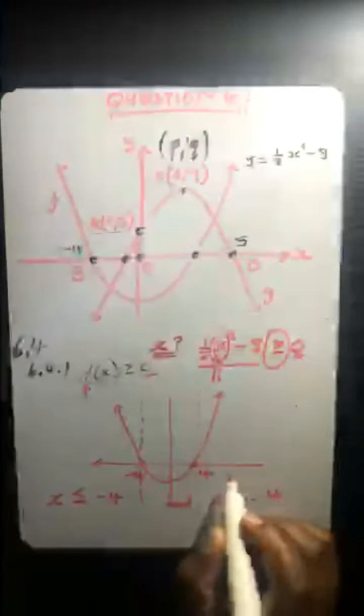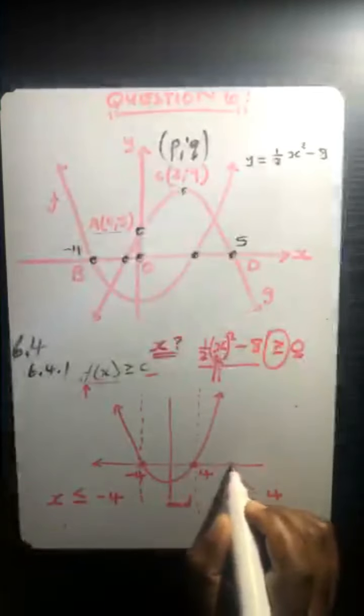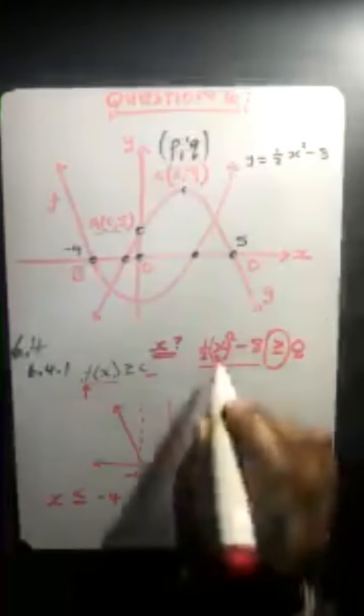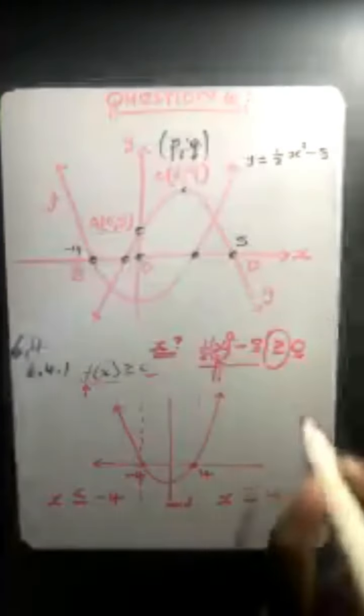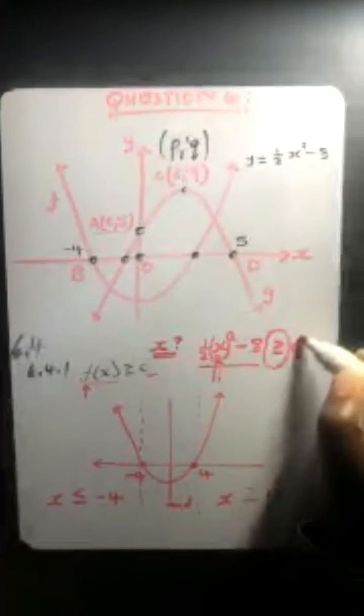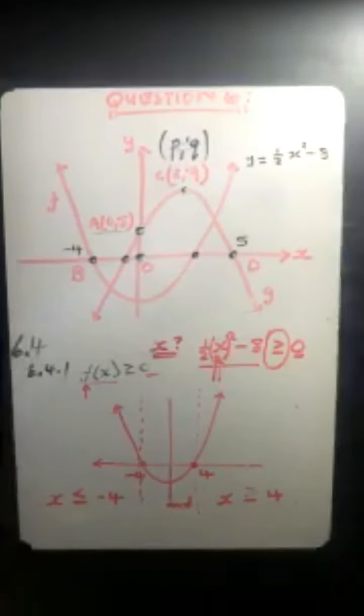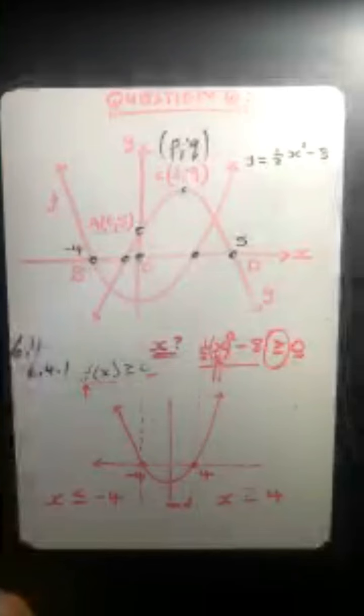For example, if you punch maybe 5, 6, 7, a million or whatever, as long as you punch a positive value greater than 4 there, it will give you a value which is either 0 or greater than 0. It's a bit tricky, it's a bit tricky, but only if you have a better understanding of the functions, that's when it's going to make sense.